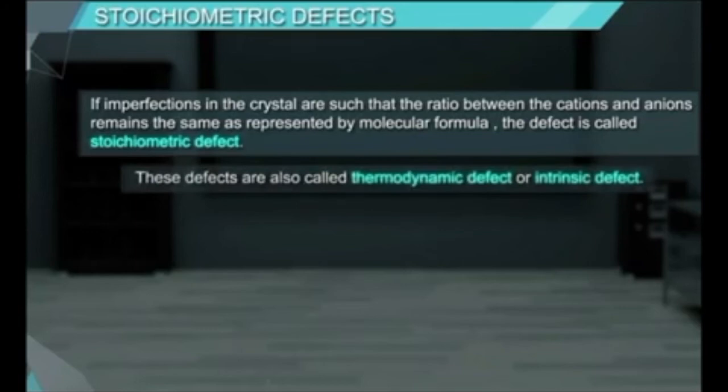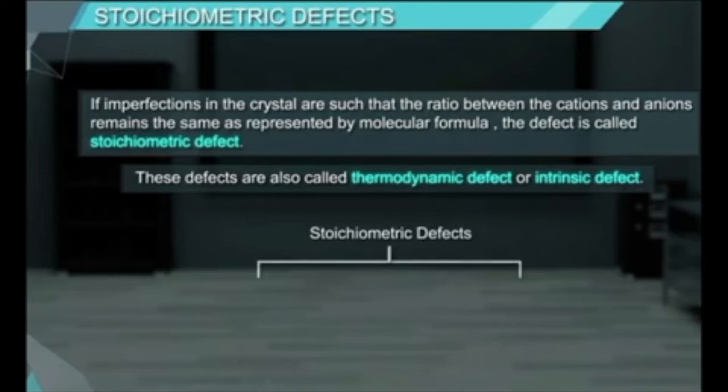These defects are also called thermodynamic defect or intrinsic defect. The stoichiometric defects are of two types: vacancy defect and interstitial defect.